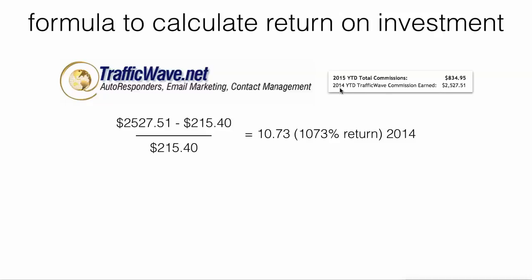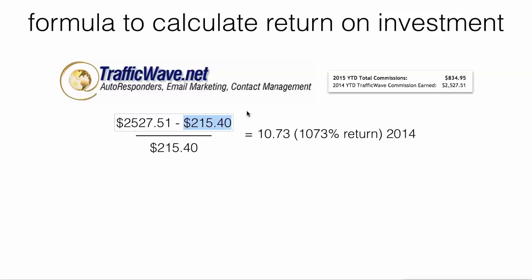Now, in 2014, it's a little screenshot here, but in 2014, I earned $2,527.51. So that was what my total gross profit was. Now, this autoresponder service cost me $17.95 a month. So I took 12 months times $17.95.